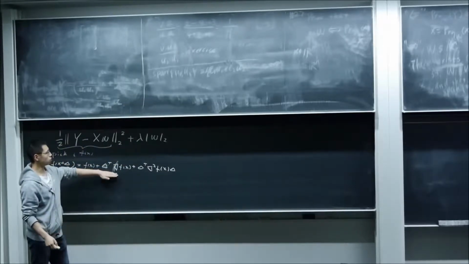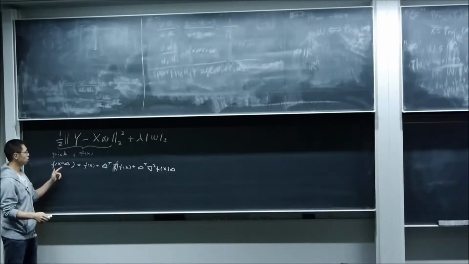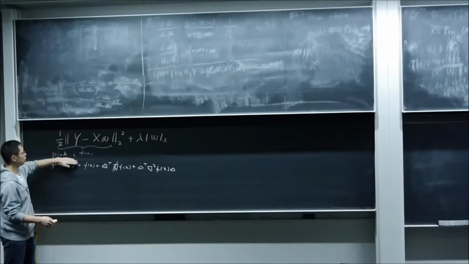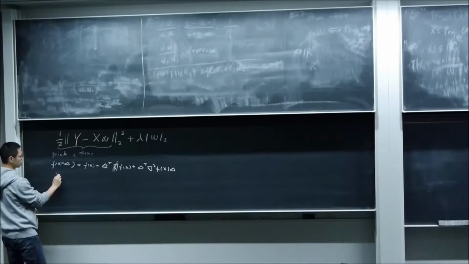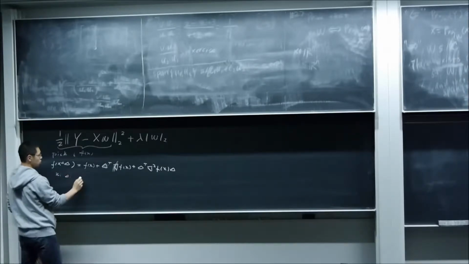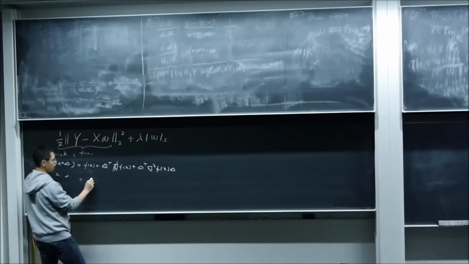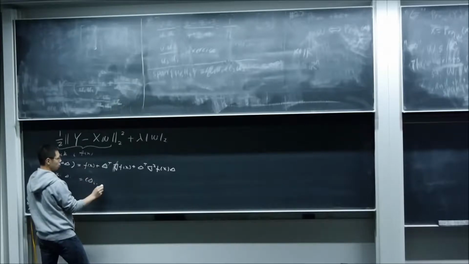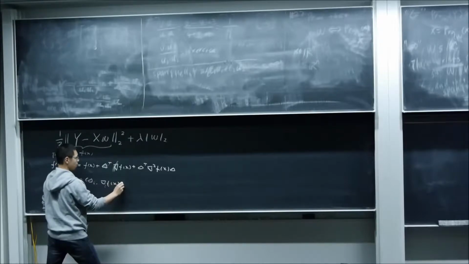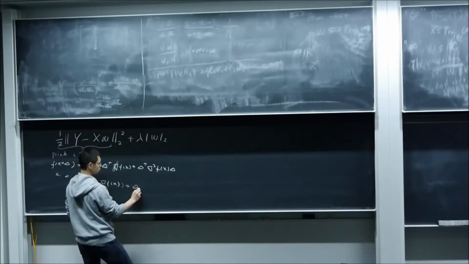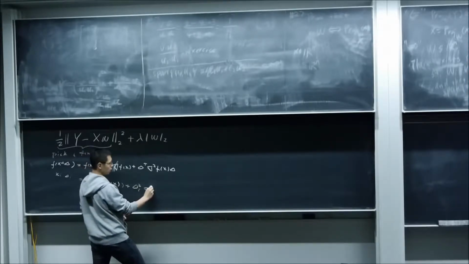This is the first derivative, this is the second derivative. If you fix all the other coordinates, you have a one-dimensional problem. This is a constant, this is a constant, and you just have delta i, the i-th gradient of the objective, and the next term is the i-th diagonal entry of the Hessian matrix.